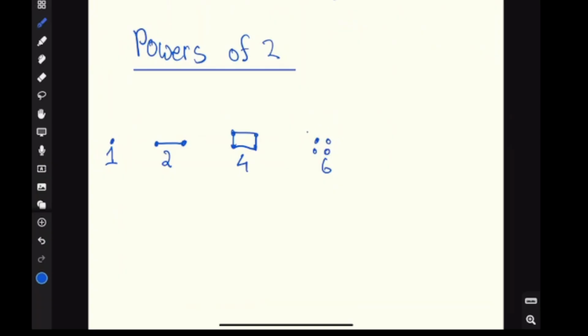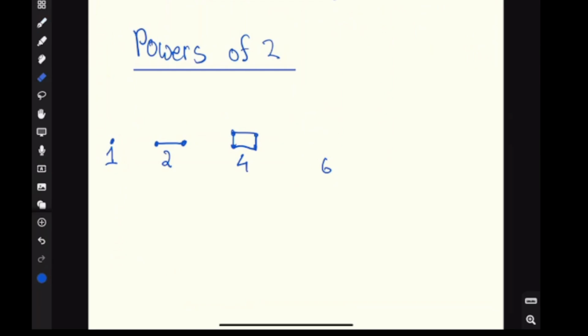In this way, if you join this, it makes a square. This goes with this, and the same way we have a square.